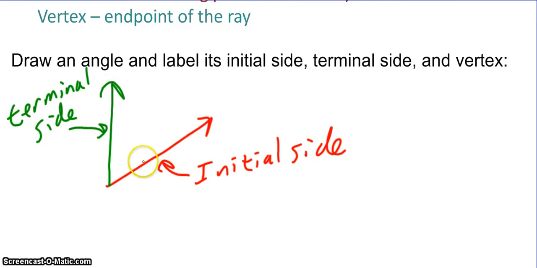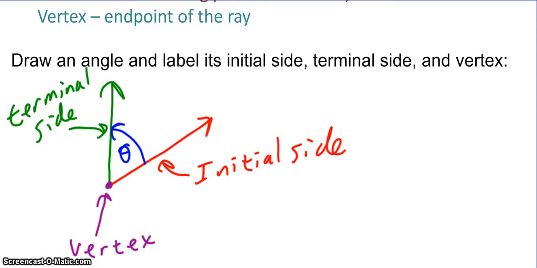And then the rotation, since this is the initial side and this is the terminal side, the rotation was in this direction. So this is what I'm going to call my angle theta. And that's the vertex. So that's an example of an angle.